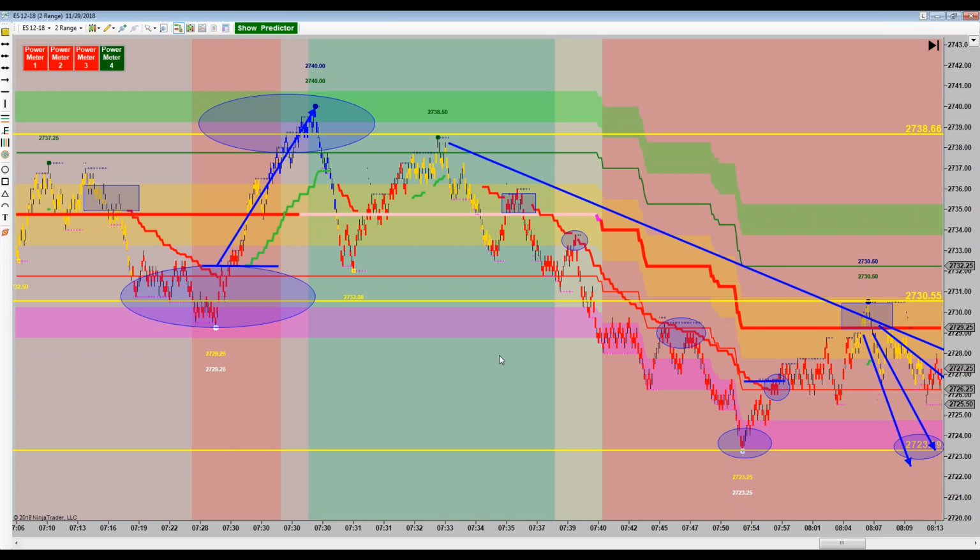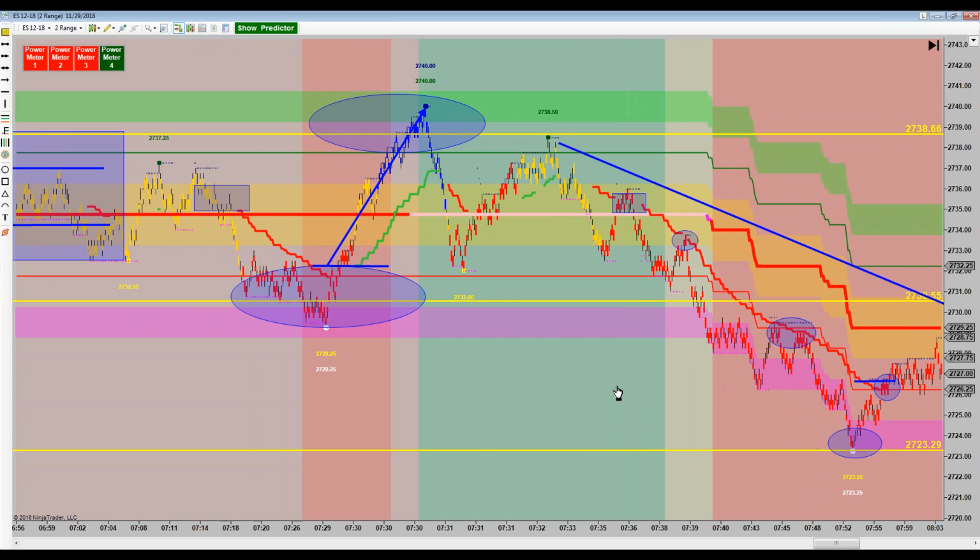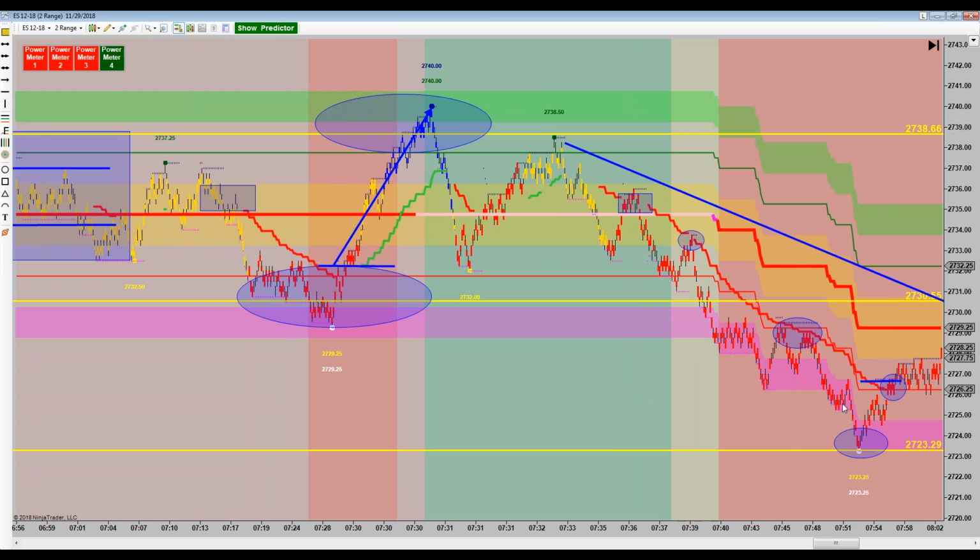So what we're saying is this. While the market is actually sitting right here, I'm looking up here and anticipating if it gets up into here, this is my sweet spot where I'm looking to take a short. So it's always a constant.